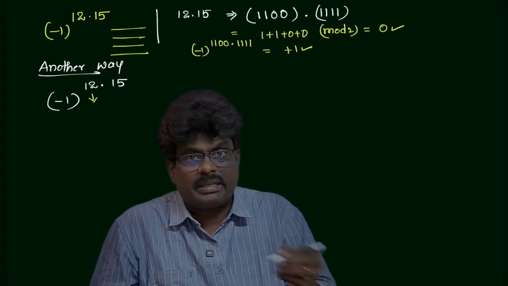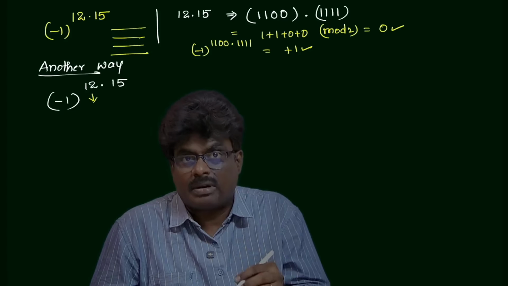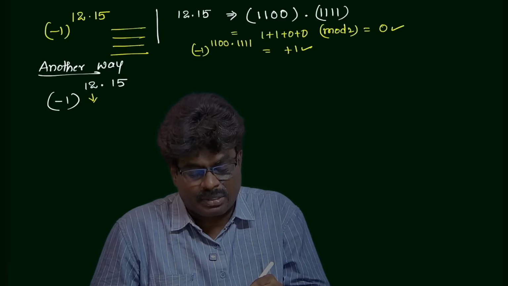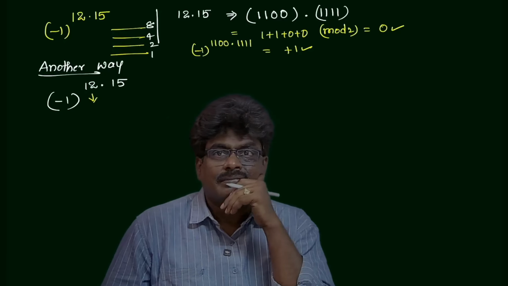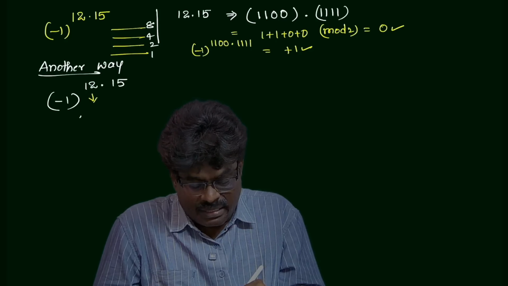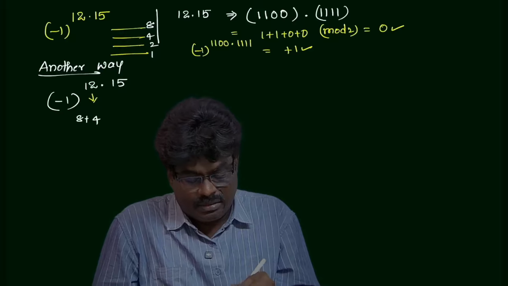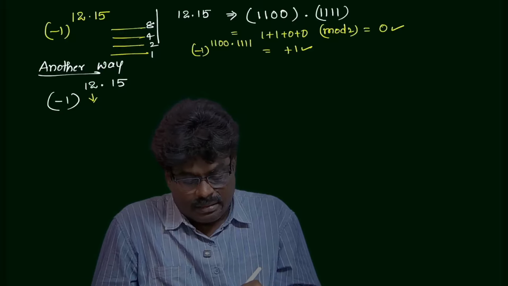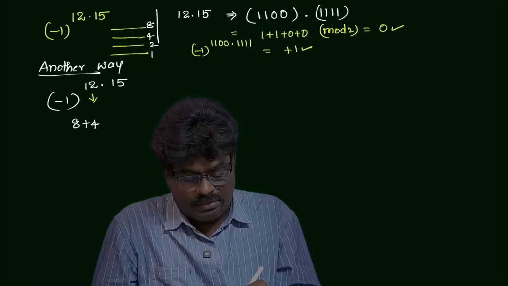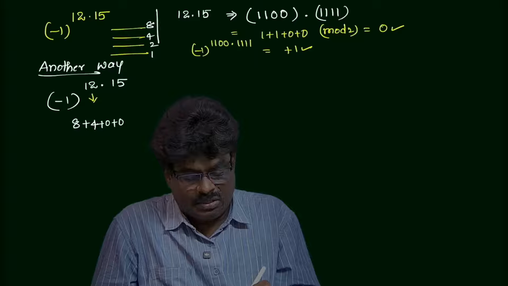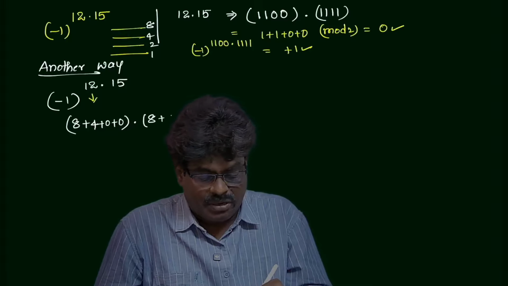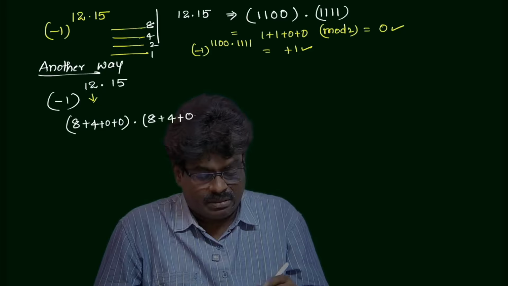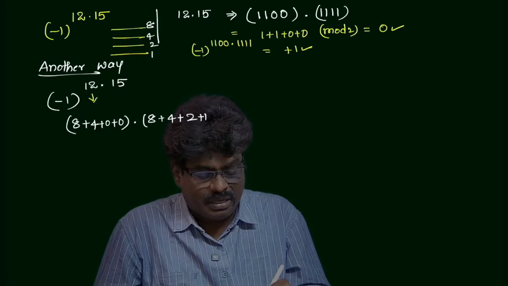I hope this technique, the same technique I followed earlier in quantum circuits also, while I am solving quantum circuits. 1, 2, 4, 8. Now how will you get to 12? That is 8 plus 4 plus 0 plus 0 dot, and for this 15 you have to take all: 8 plus 4 plus 2 plus 1.